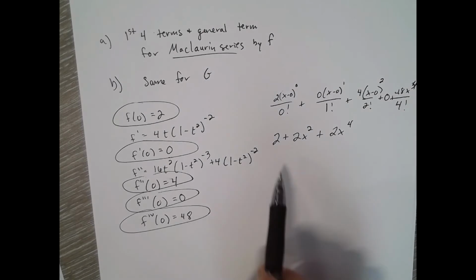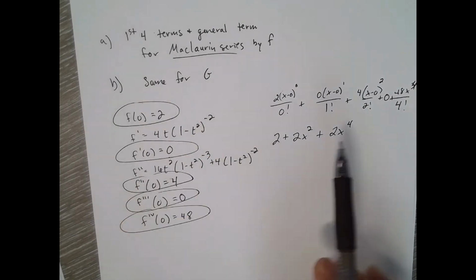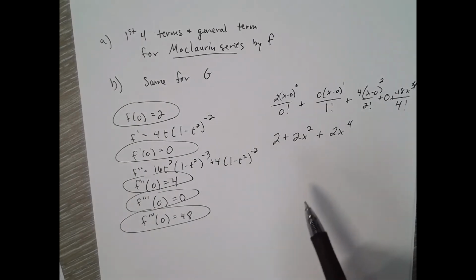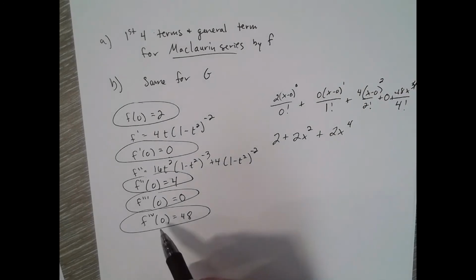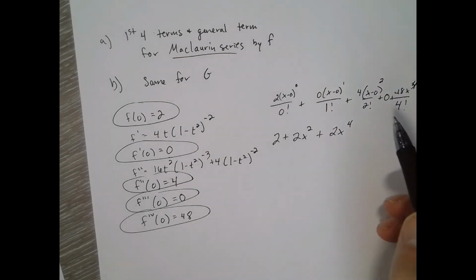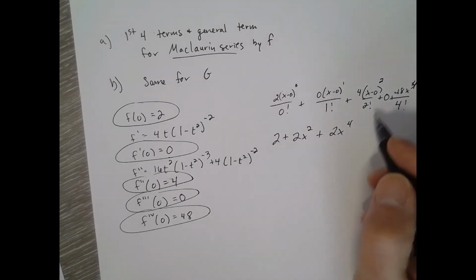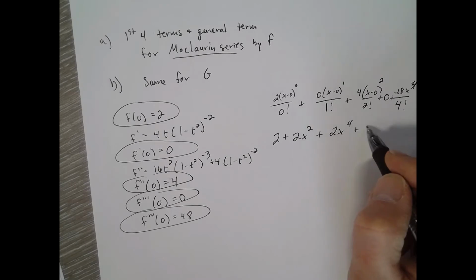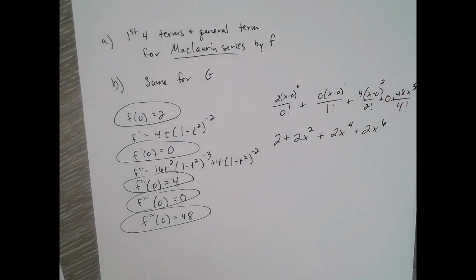So using this process, we're supposed to first find the first 4 terms. I've only done 3 terms. So I would need probably another 2 derivatives. I'm not very interested in doing that. So you can see what the pattern is. There's your first 3 terms. So the next term is going to be 2x to the 6th. There's our first 4 terms.